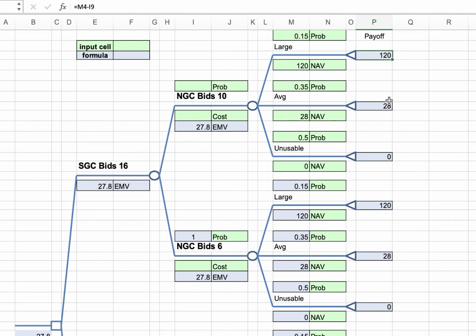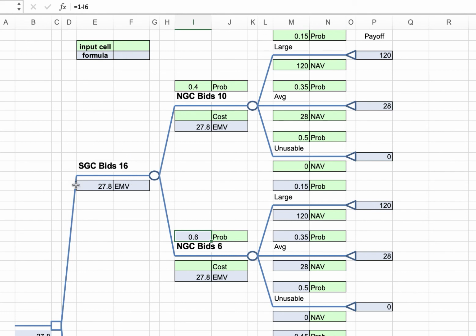These payoffs are going to change as soon as we do. So NGC has a 0.4 probability of bidding high, which makes the probability of their low bid the complement, or 0.6. When SGC bids high, they're going to have to pay that 16 million plus an additional 5 million if they win the bid.